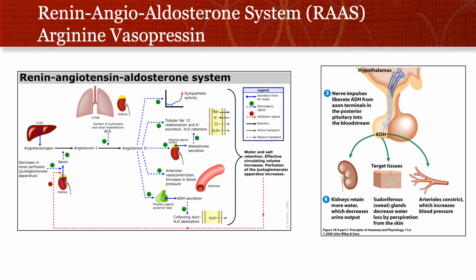The renin-angiotensin and aldosterone system is activated, which results in salt water retention, increased sympathetic activity, and secondary water resorption because of the resorption of salt. The arginine vasopressin system is really a last-ditch effort for the body to maintain blood pressure by causing arterial vasoconstriction when the blood pressure is low.